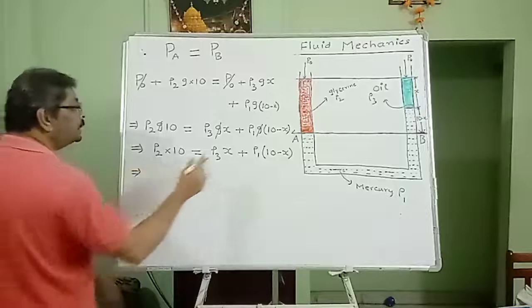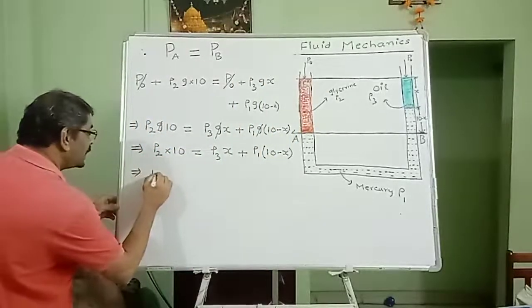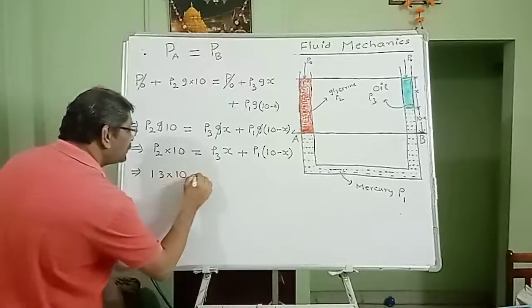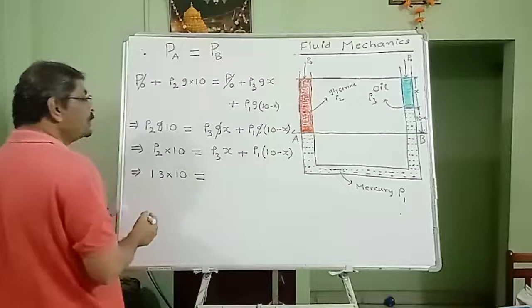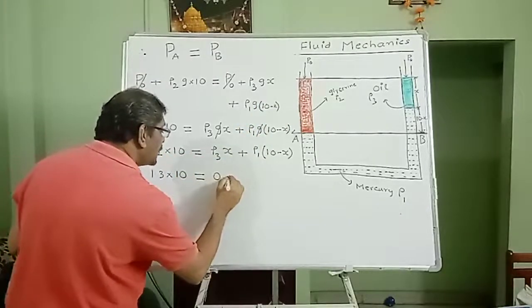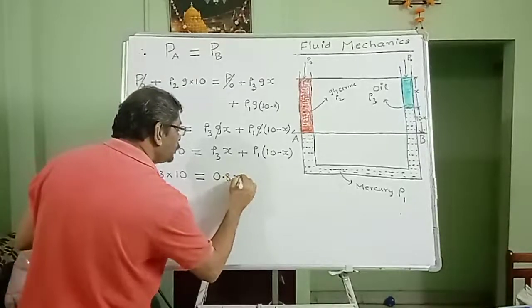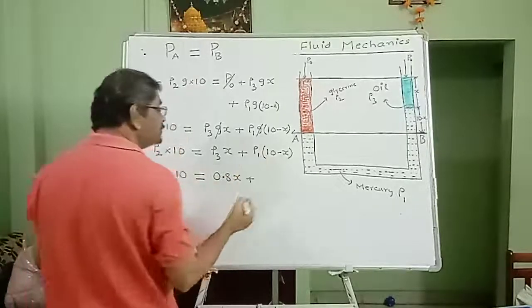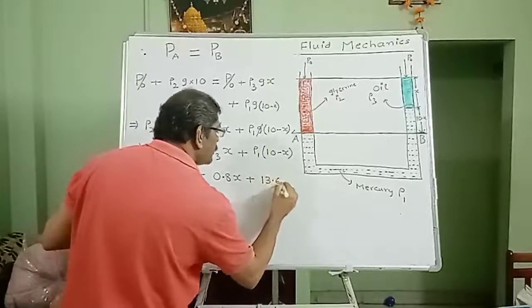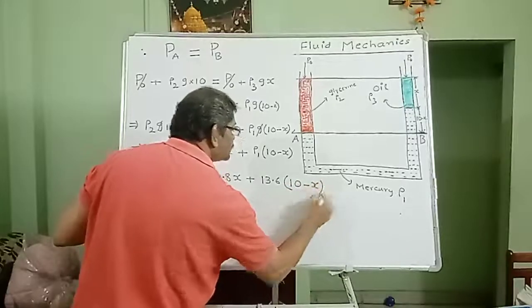You already know the density of the glycerine has been given: 1.3 multiplied by 10 will be numerically equal to, the density of oil has been given, 0.8 into x plus the density of mercury, 13.6, multiplied by 10 minus x.